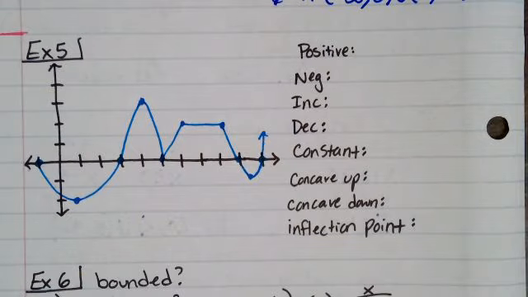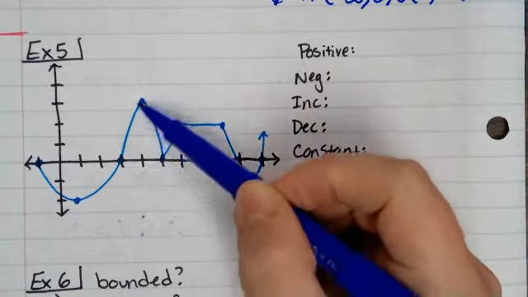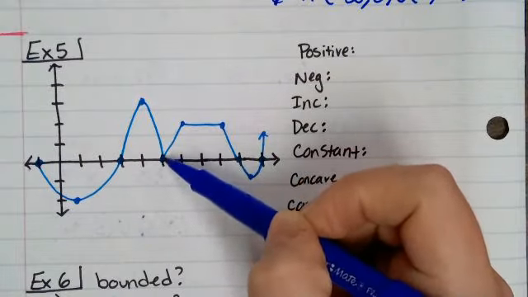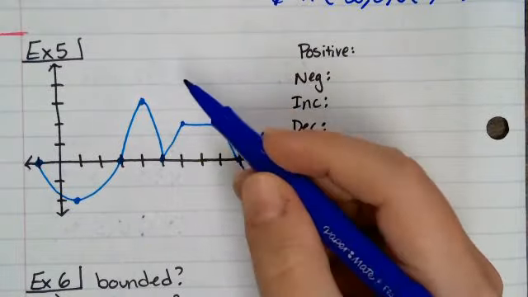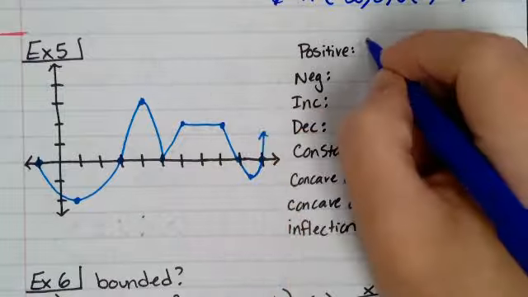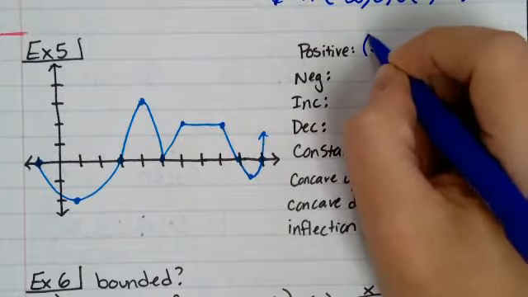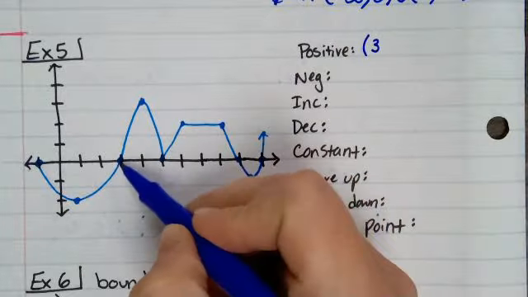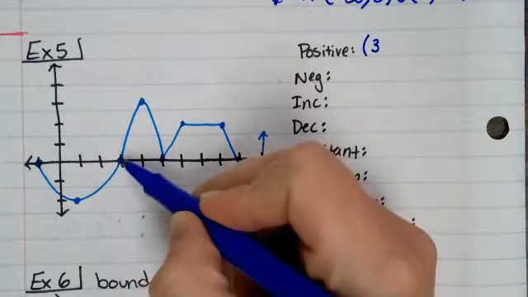So when we talk about positive, I'm looking at the intervals where this is above the x-axis. It is above the x-axis right here, but then it hits the x-axis again. So we're going to give these little intervals, but keep in mind it's not above the axis at 3. After 3 it is.